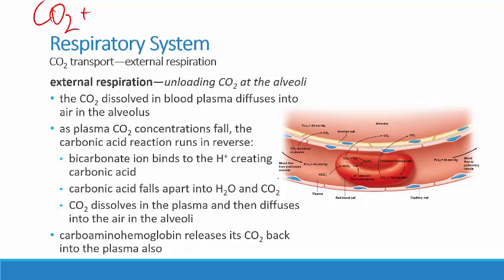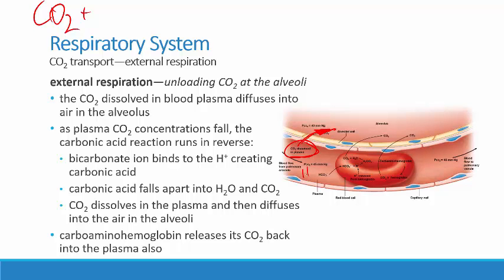As we saw with oxygen, it's only the CO2 that's dissolved in the plasma that can make its way out of the blood and into the air in the lungs. As soon as we get CO2 out of the plasma, then any bicarbonate ion that we have in there, we can run that reaction in reverse.